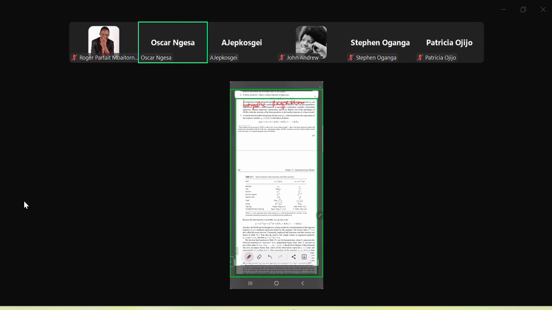For logistic regression, Y follows Bernoulli with parameter P, then logit of P is equal to beta naught plus beta 1 x1. Let me just use one independent variable only for simplicity.